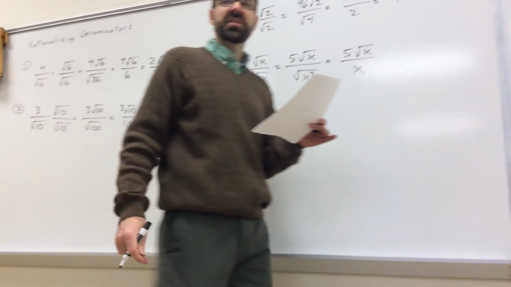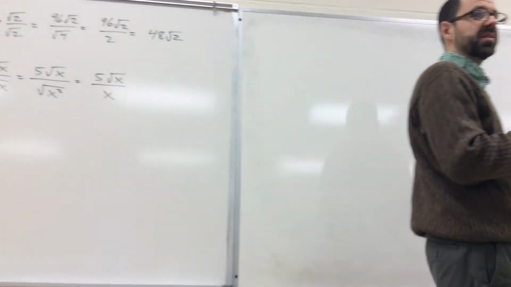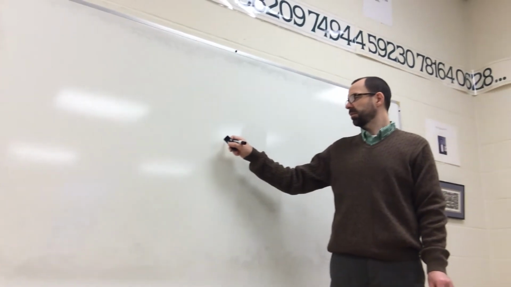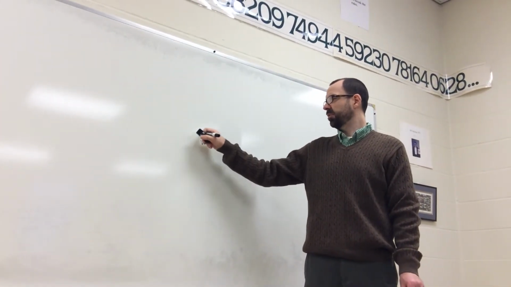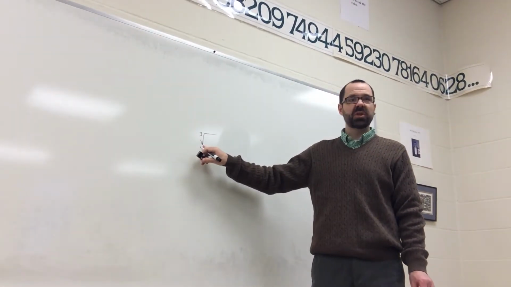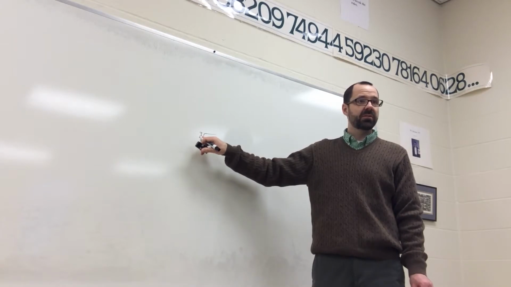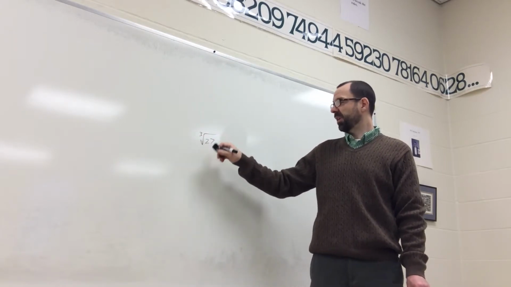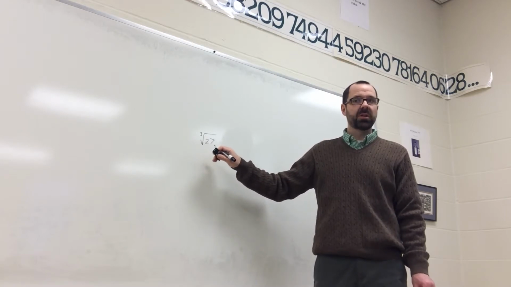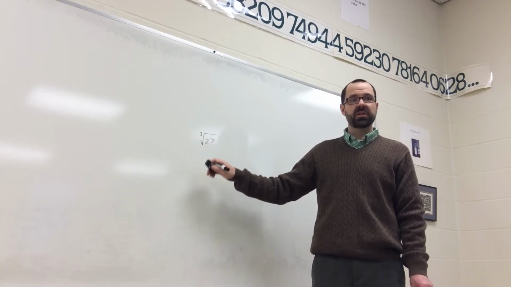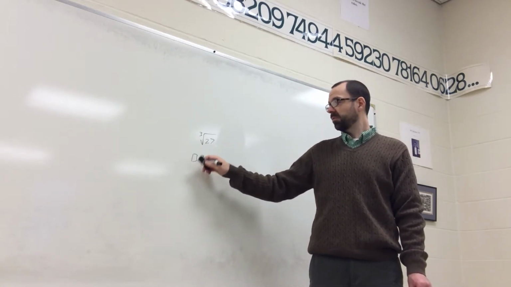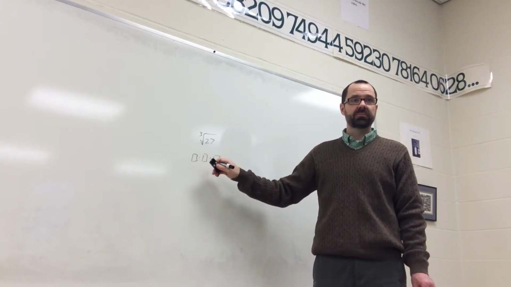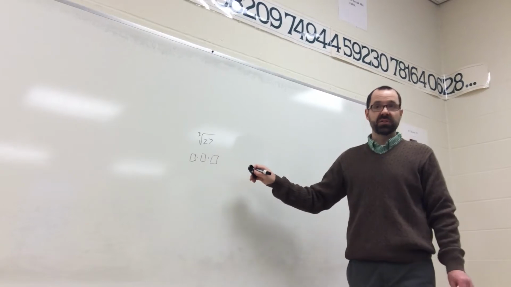Okay, the next problem has a cube root in it, so I want to go off to the side and just remind you what a cube root is. The cube root is when you have the radical symbol, but with a little 3. That's called cube root. So let's think about the cube root of 27. What this means is, what times what times what is 27. So that's different than square root.